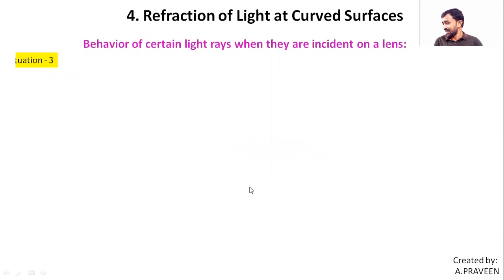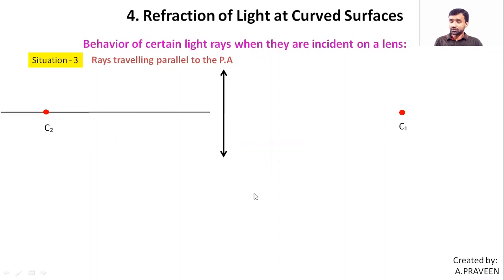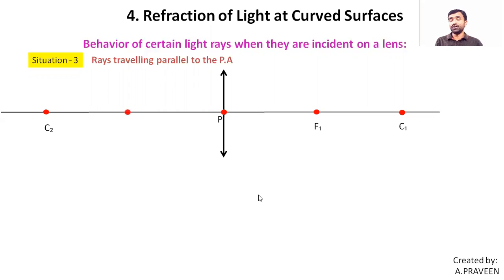That situation 3 is simply the ray traveling parallel to the principal axis. Already we completed it while deciding the focal point or focal length. What is its behavior in case of convex lens? A ray passing through the lens which is parallel to the principal axis, does it remain undeviate or does it deviate from its path? If it deviates, what is the direction? What is the generalization?